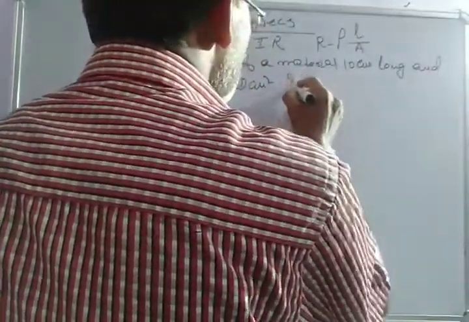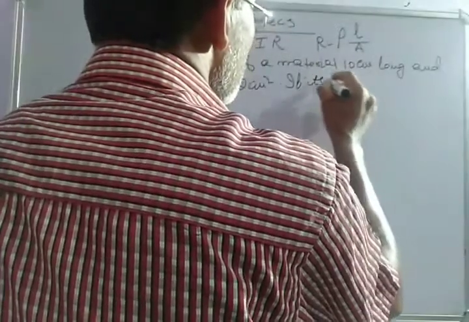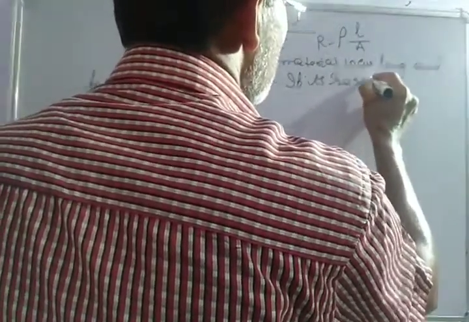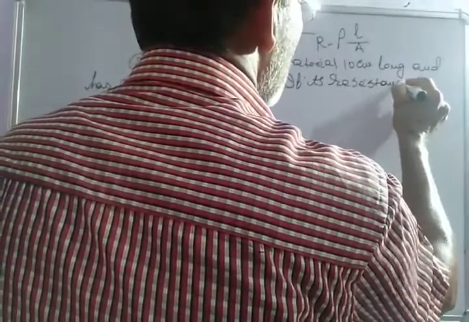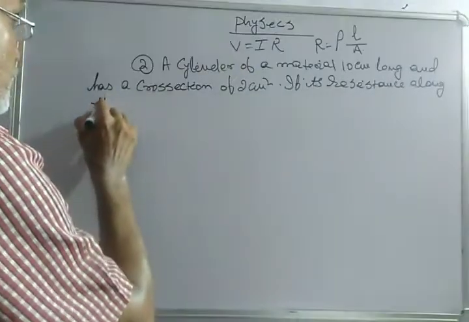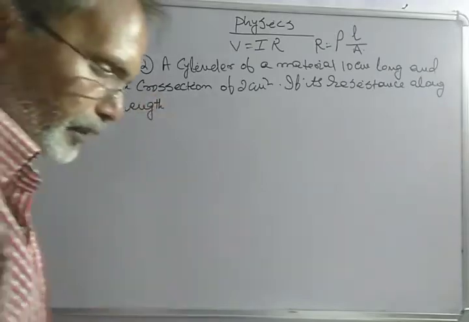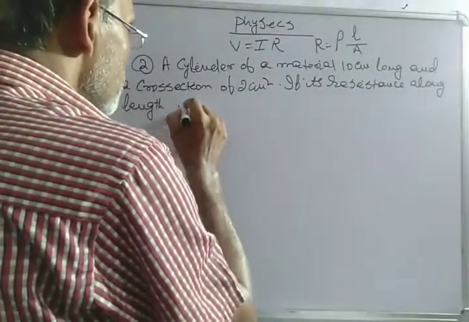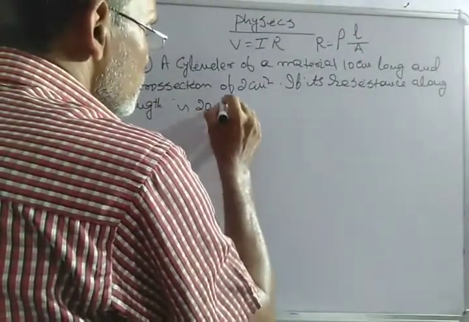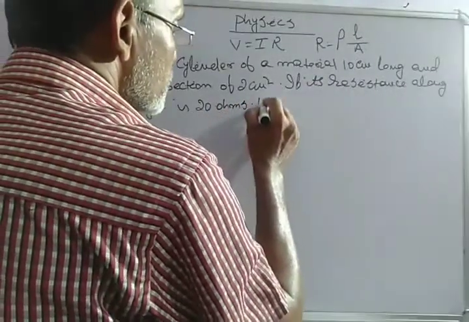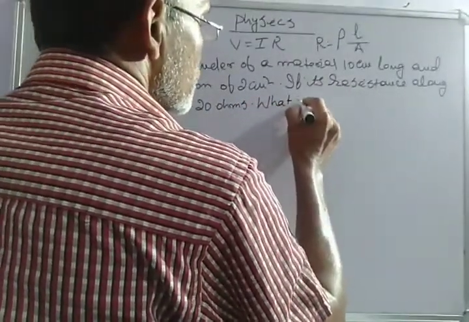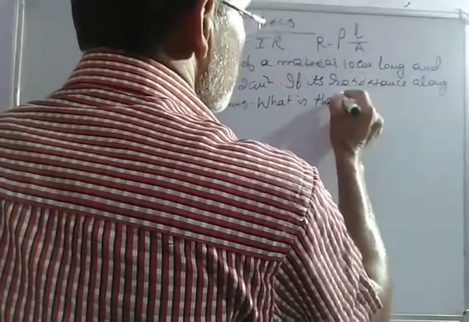If its resistance along the length is 20 ohms, what is the resistivity?